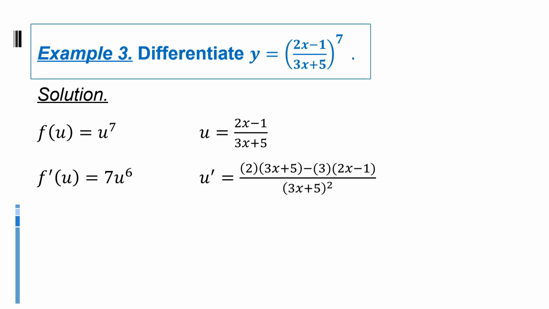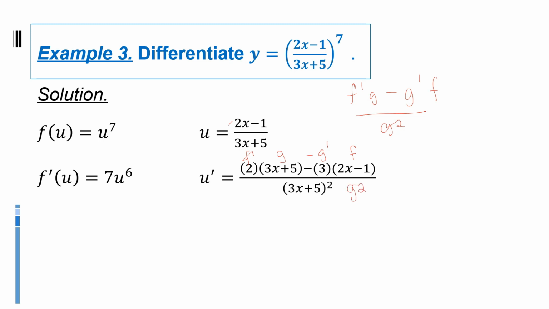Since may quotient tayo, so gamitin natin yung f prime g minus g prime f all over g squared. So we have f prime is 2, okay, kasi 2x minus 1, so magiging 2 minus 0, kaya 2 na lang siya. Then we have the g minus g prime, which is 3, kasi 3 plus 0, and f all over g squared.